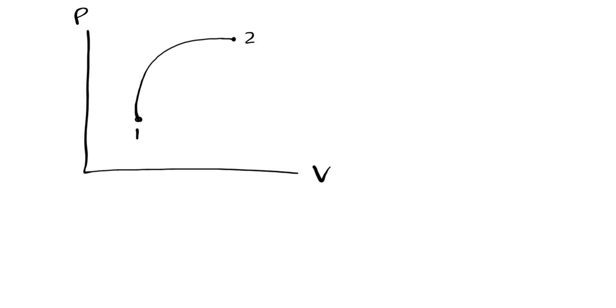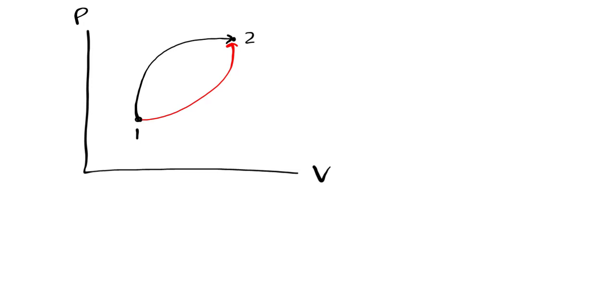It is important to note that you can have different pathways getting from one point to another on a curve. So let's say I have point 1 here and point 2. Moving from point 1 to point 2, let's say along this pathway, is going to get you from one temperature to another. But let's say instead you move to the same spot along this pathway. You have the same initial temperature, you have the same final temperature, but what you don't have is the same amount of work.